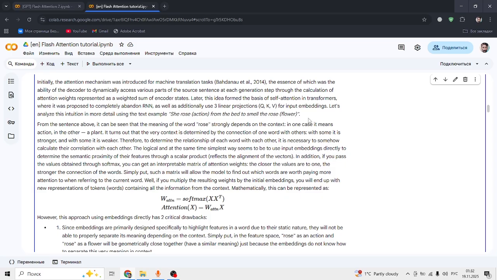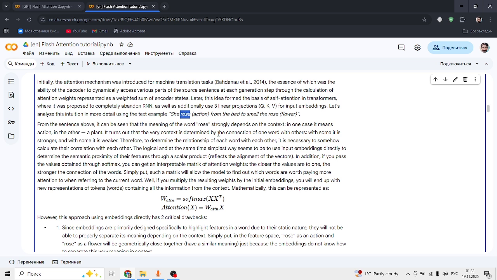We create the matrix, an attention matrix, where each word, for example rose, will be connected with other words. This matrix will show the connection or link between all words with each other.